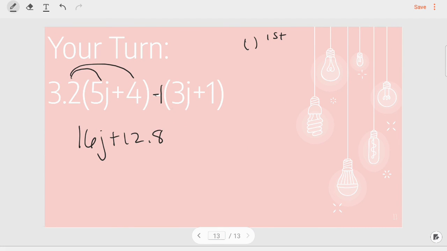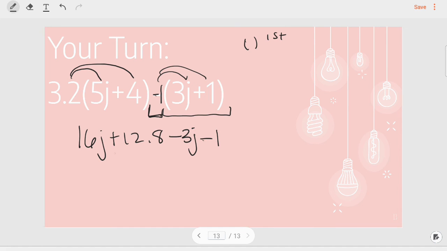And I am going to look at this next set of parentheses and say, okay, what's in front of that parentheses? Go all the way to the sign, and I get -1 that I'm going to distribute. -1 times +3 is -3j. -1 times +1 is -1.